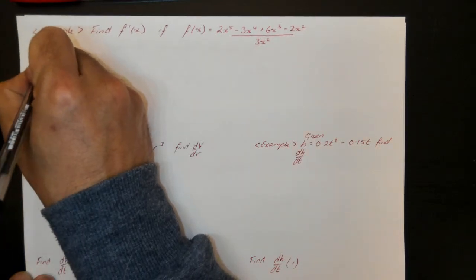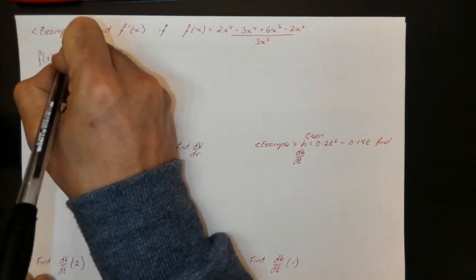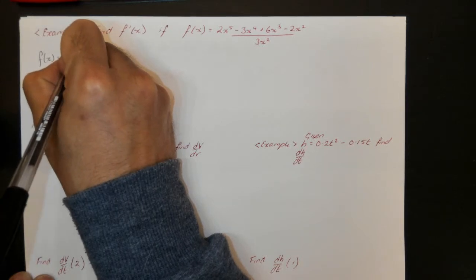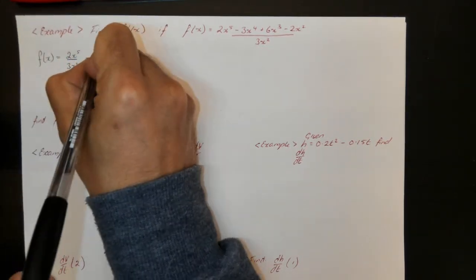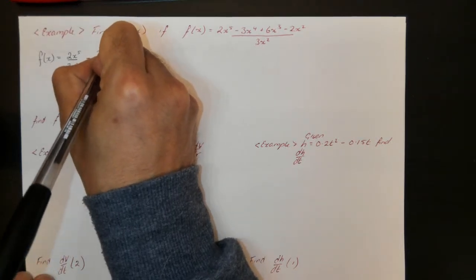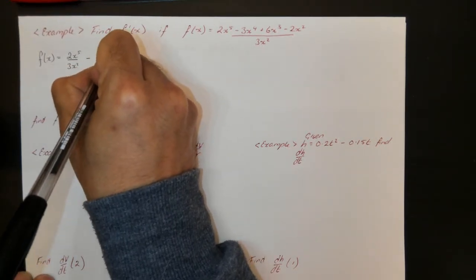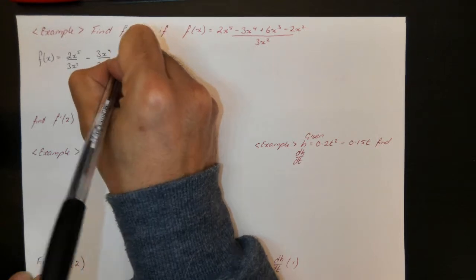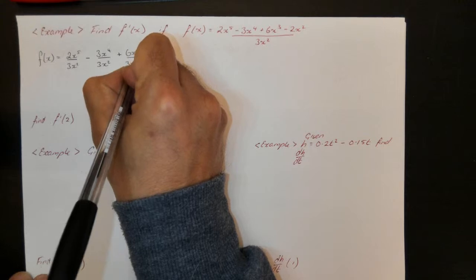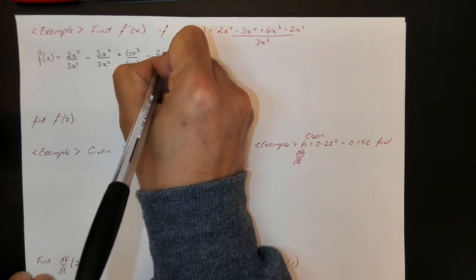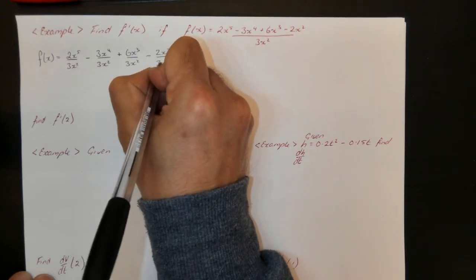So f of x really is 2x to the power 5 over 3x squared minus 3x to the power 4 over 3x squared plus 6x cubed over 3x squared minus 2x squared over 3x squared.